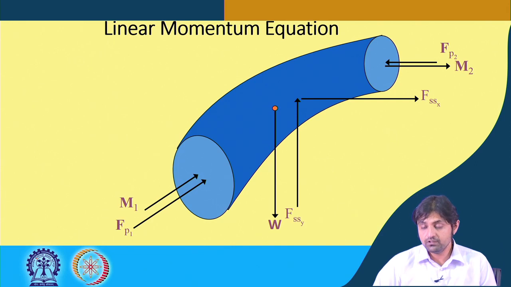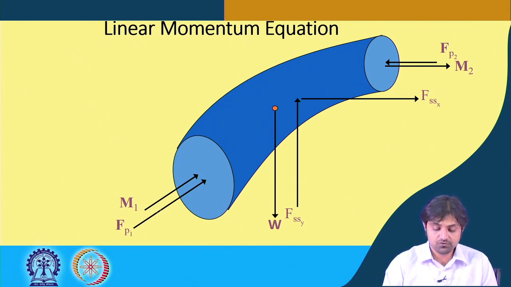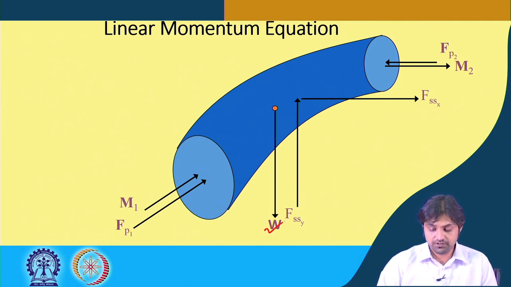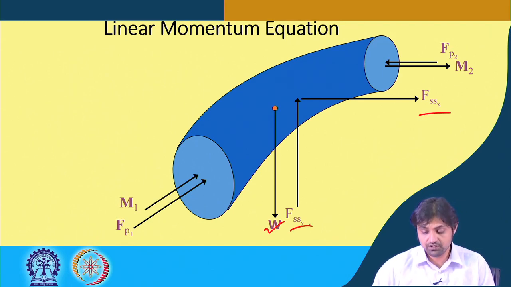Now, going into a slightly zoomed figure, we have indicated what M1 is, what the pressures are, and what forces are due to the different pressure forces or the shear. This is the weight, as you can see, and these are the frictional or shear forces, Fssx and Fssy, the components of the shear force in two different directions.